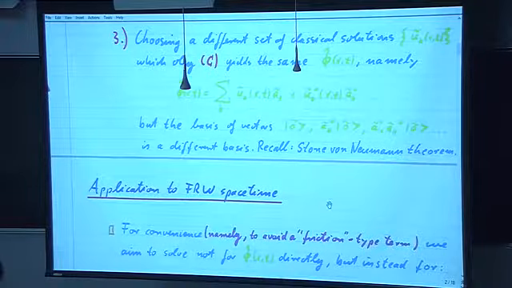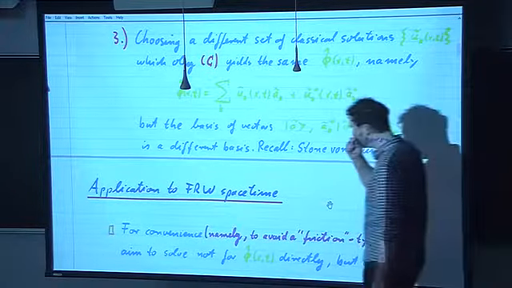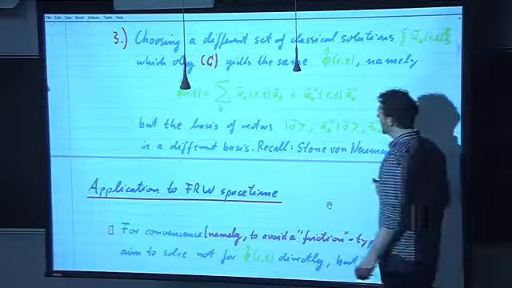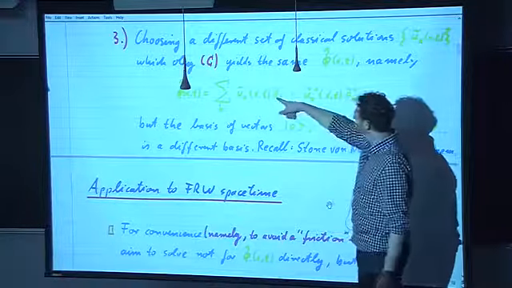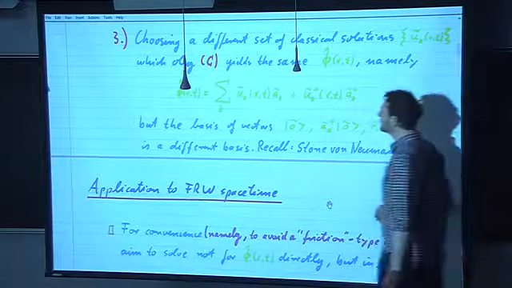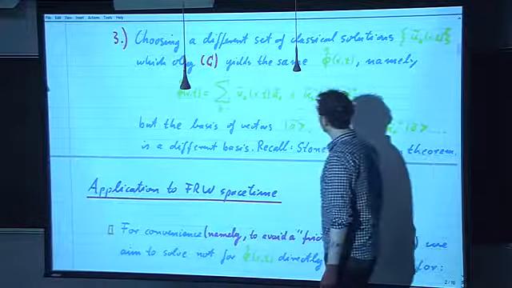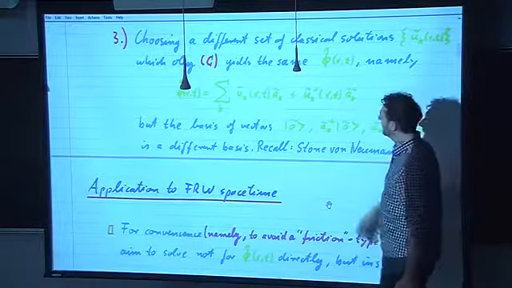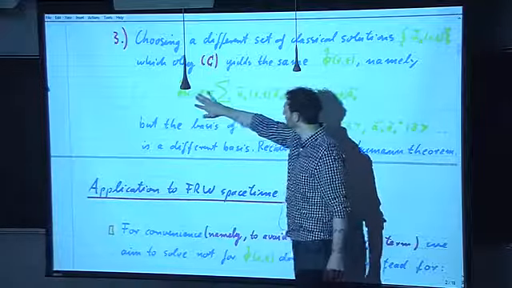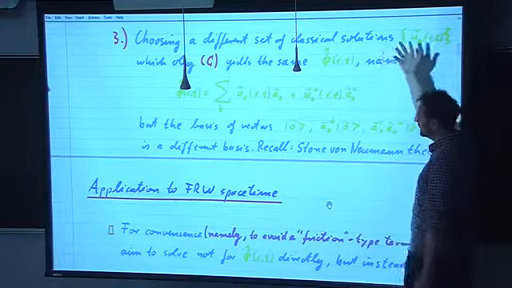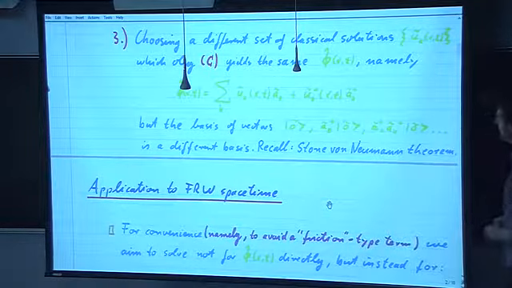We also know from the math of it that when we choose a different set of mode functions, and correspondingly a different set of A and A dagger operators, then we're still describing the same quantum field. It's because of the Stone-von Neumann theorem that we know that this field, the field expressed in this way, is the same as the field expressed with the other mode functions and the other A and A dagger operators.